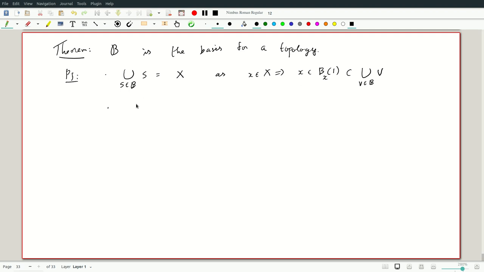The other, we need another condition that tells us about intersections, and now we will use it in the useful form. What we have to show is the following lemma.